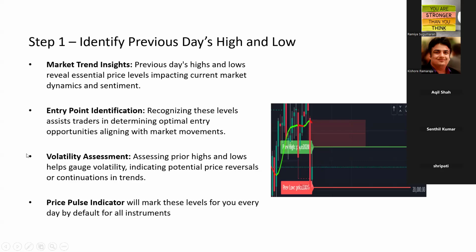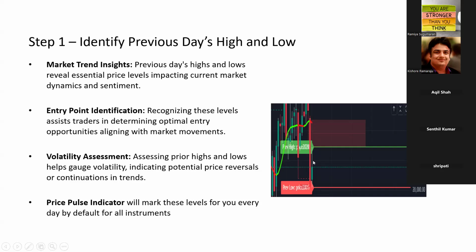So the first thing is to identify the previous day high and previous day low price. Generally, this is very good for NQ, ES, RTY, YM. Even if you just focus on NQ and ES, easily we can make $400-500 every day. So in step number one, we have to identify the previous day.